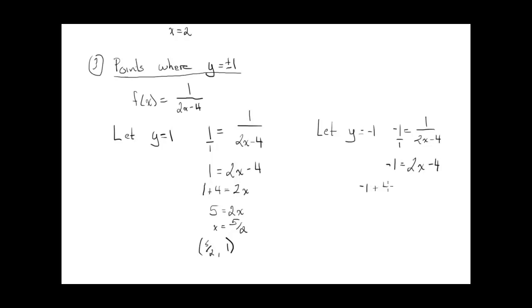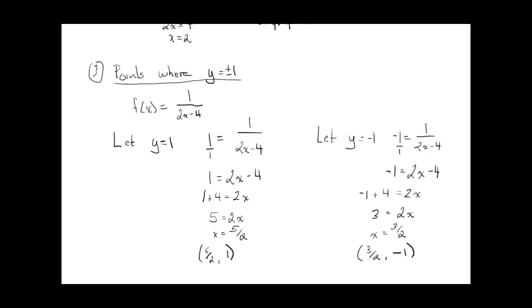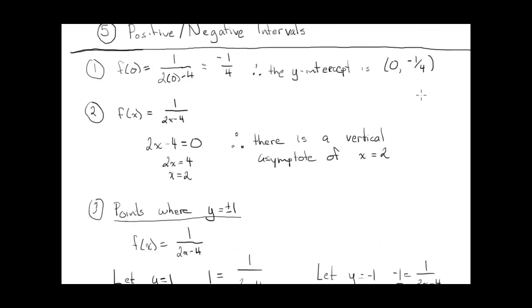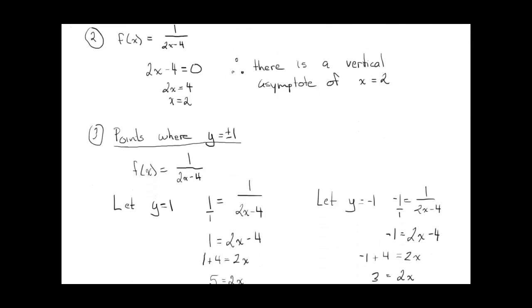So negative 1 plus 4 equals 2x, so 3 equals 2x. So x is equal to 3 over 2. That gives us the point (3 over 2, negative 1). So that gives us 2 points on the graph to go along with the y-intercept that we already found. That would help us graph this function.